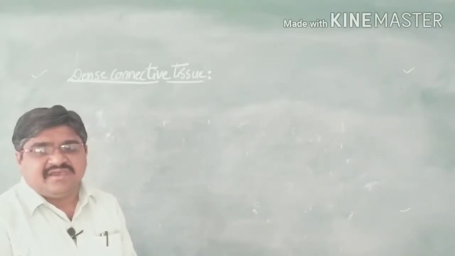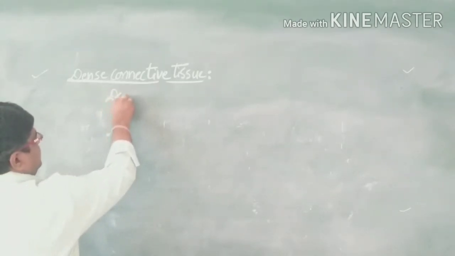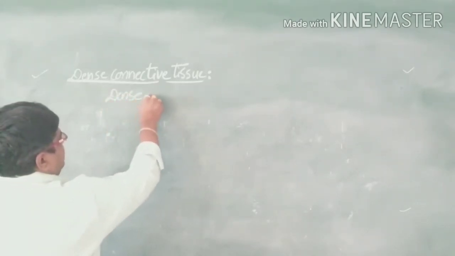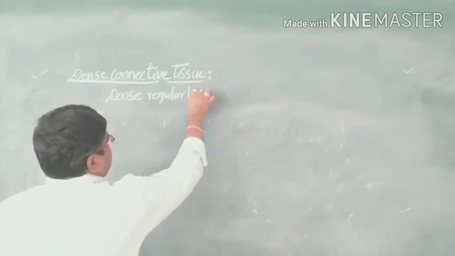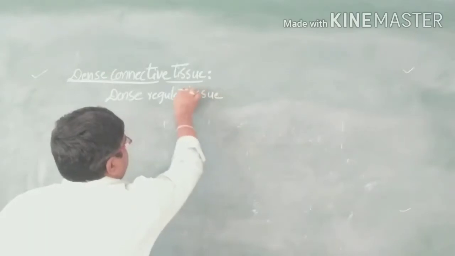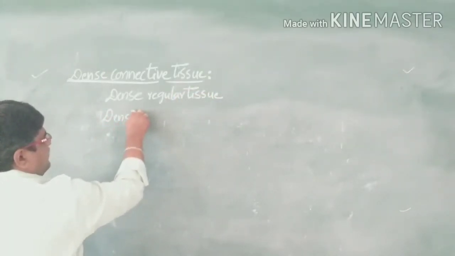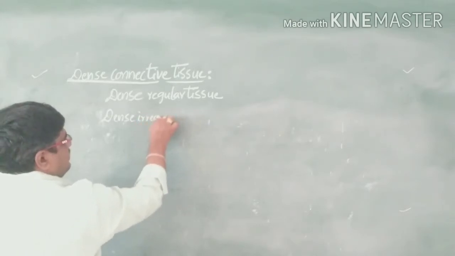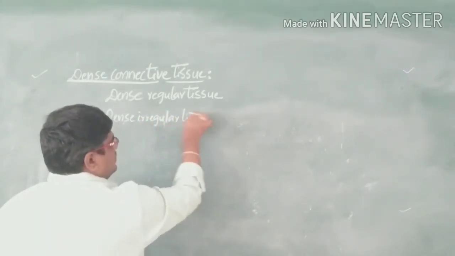These are classified into two types. The first one is dense regular tissue, and the second one is dense irregular tissue.